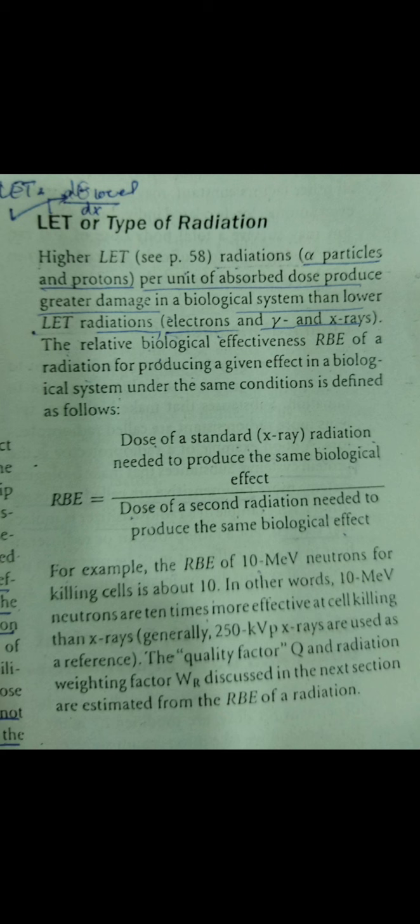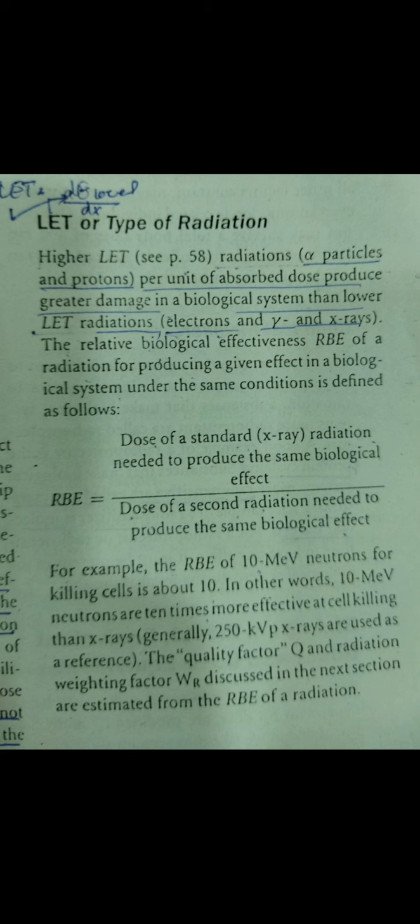So the dose rate effect on two identical biological systems by radiations with different linear energy transfer will be different, although high dose rates are more damaging than low dose rates. Now we will talk about the linear energy transfer or the type of radiation.